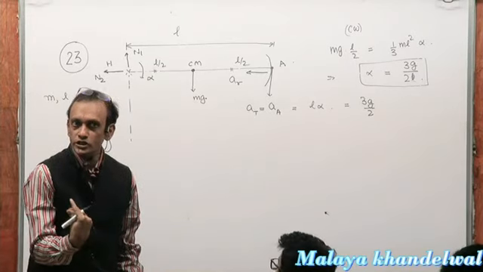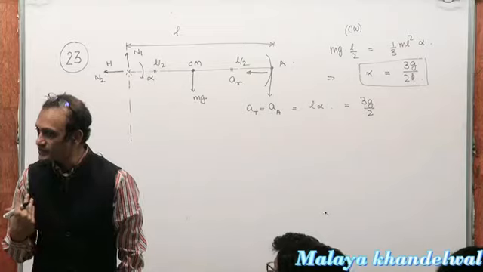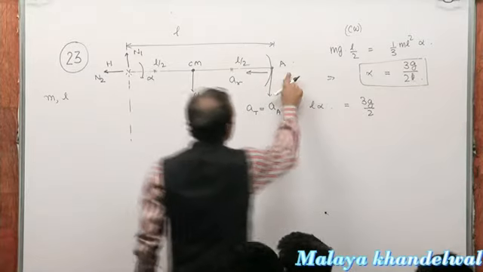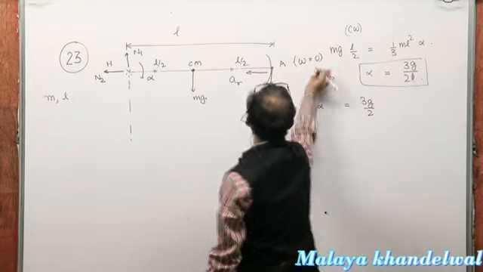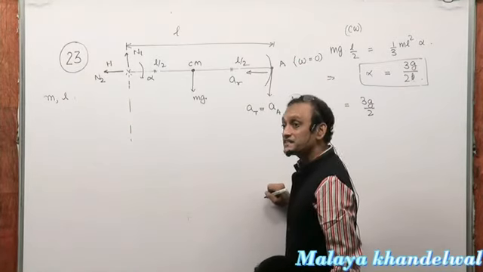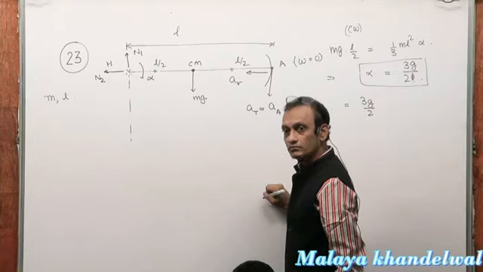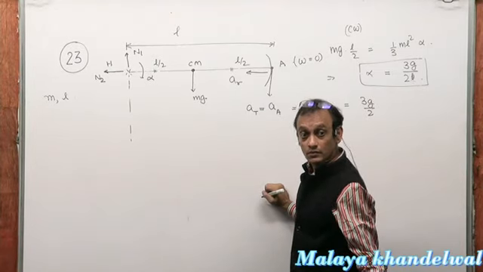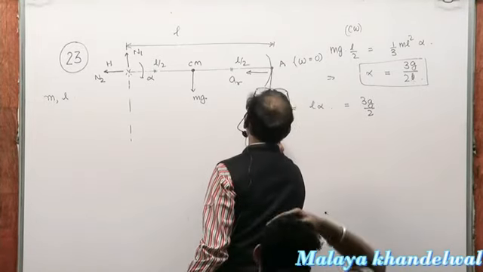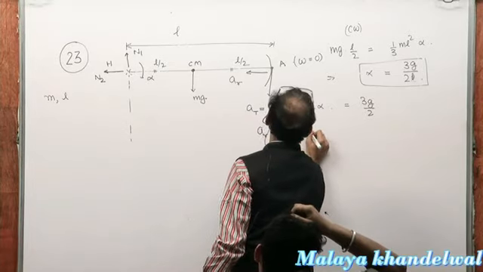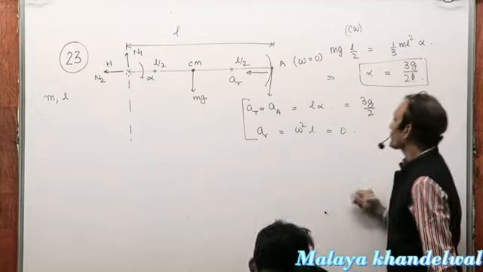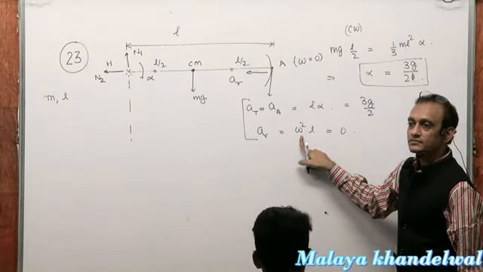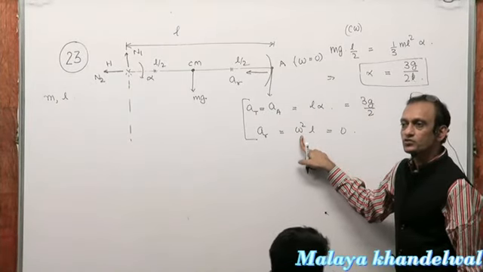But at this instant of time, it starts from rest, so omega of the end A is 0. So the radial acceleration, omega squared L, is 0 at time t equal to 0.